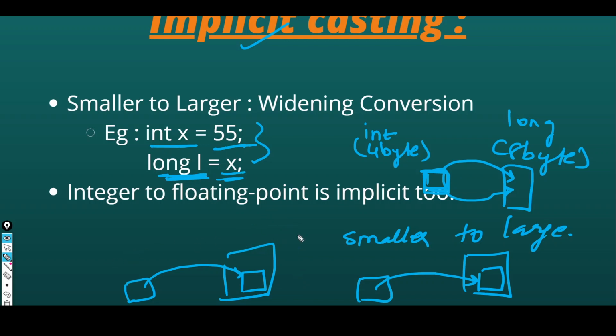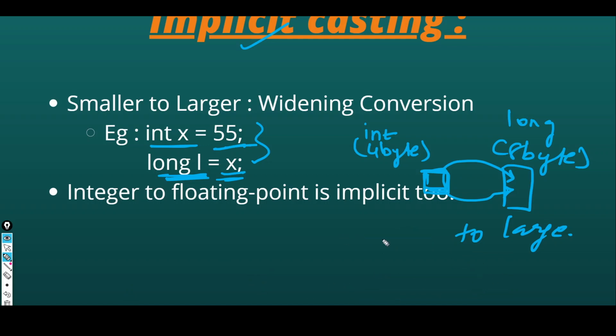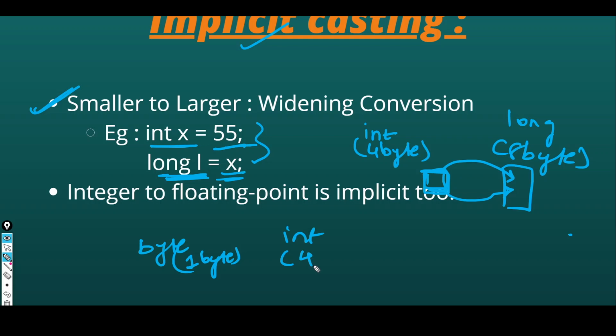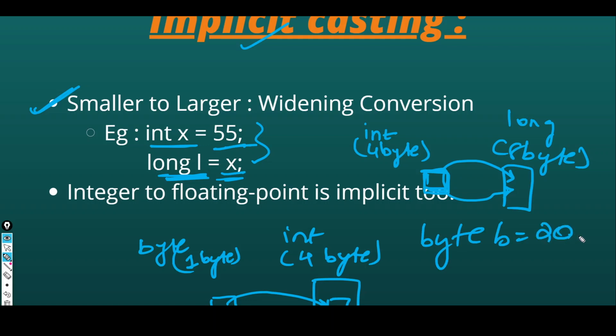Let's take another example. As I said, smaller to larger, so let's take byte to int. Is byte smaller? Exactly, because byte only consumes 1 byte and int 4 bytes. So you can store the byte in the int smoothly, and there is no need to write any extra code.